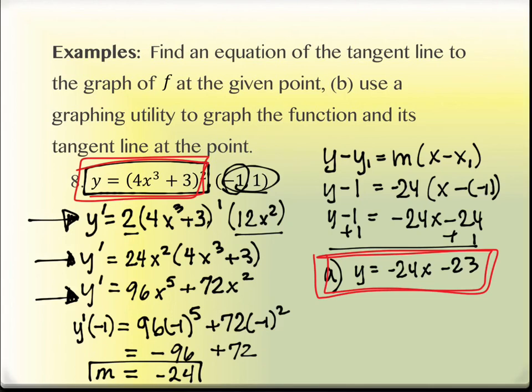So in y1, I have the 4x to the 3rd plus 3, squared. And then the tangent line that we found was -24x minus 23.